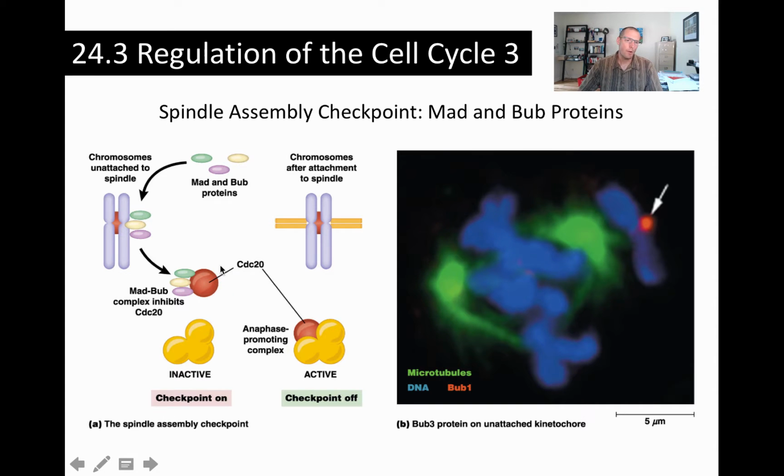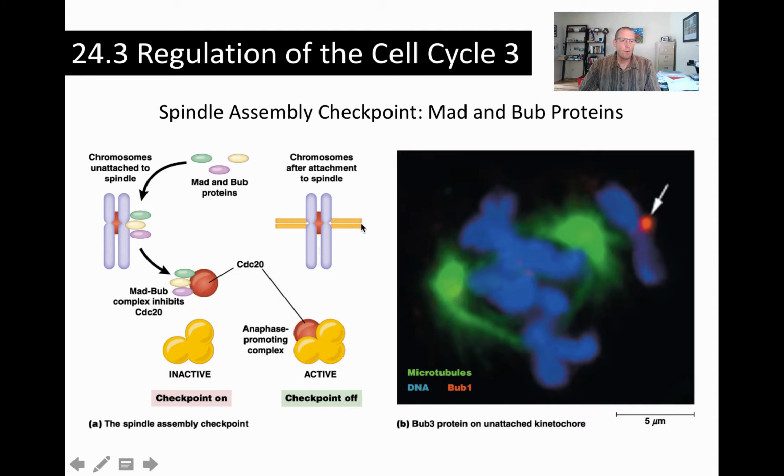So they sequester CDC20, and what CDC20 does is it activates the anaphase promoting complex. If CDC20 is bound by the MAD and the BUB proteins, then the APC cannot be activated. That means you can't do the degradation of that cohesin protein, which is involved in allowing the separation of the sisters.